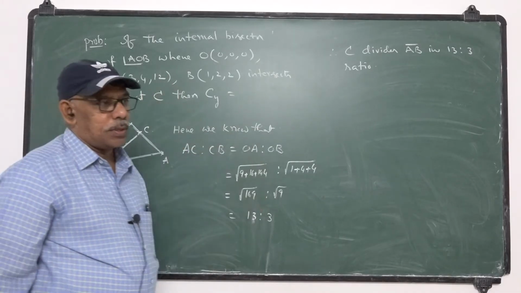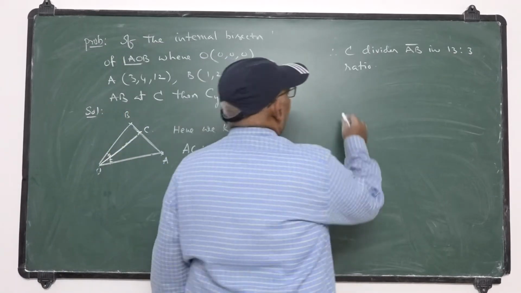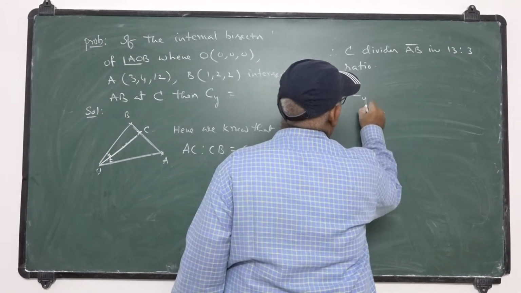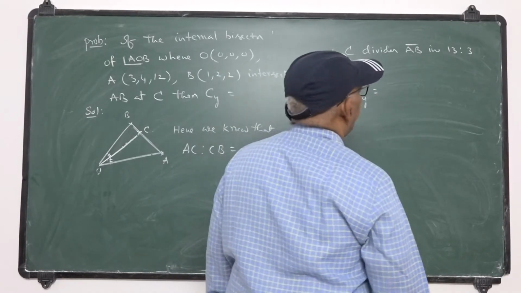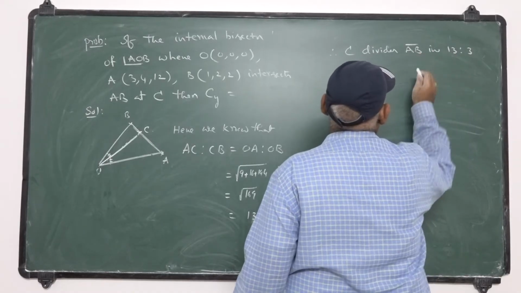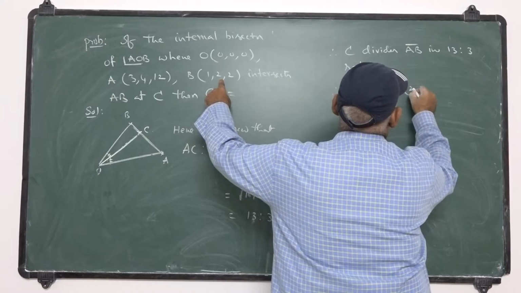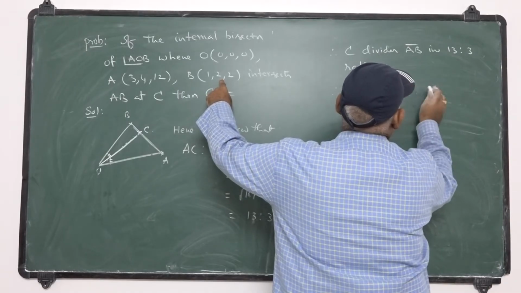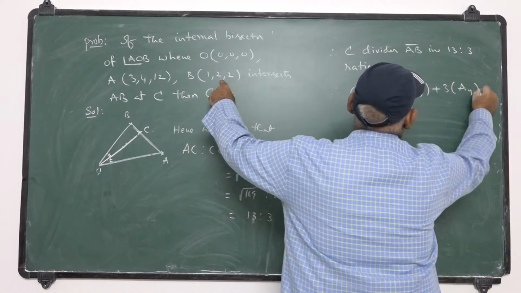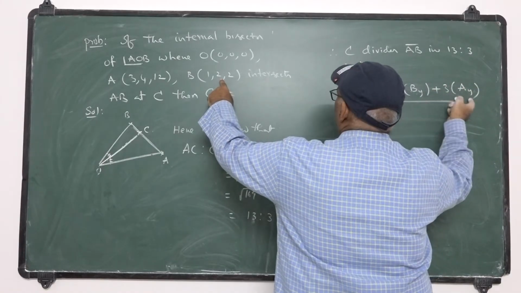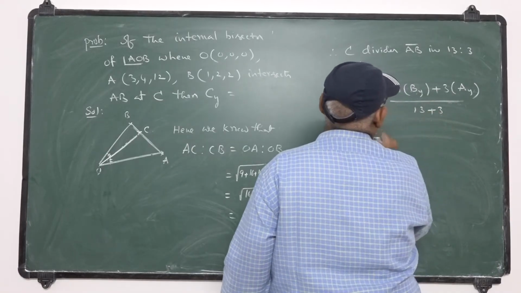So by the section formula, or division formula, you can find C. Therefore, CY, I am writing here only CY. Y coordinate of C is 13 into y coordinate of B, y coordinate of B means 2. Otherwise, you can write like this: (13 by plus 3 ay) by (13 plus 3) by the section formula.